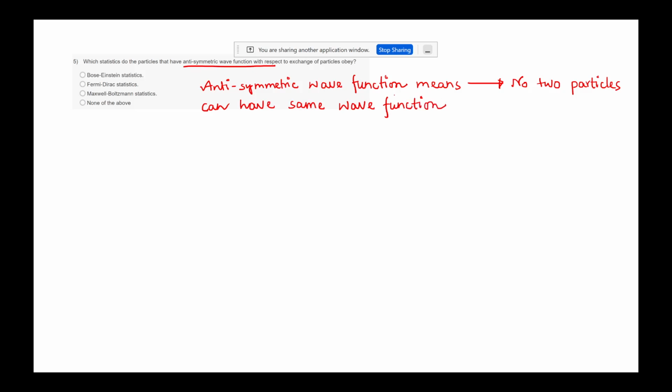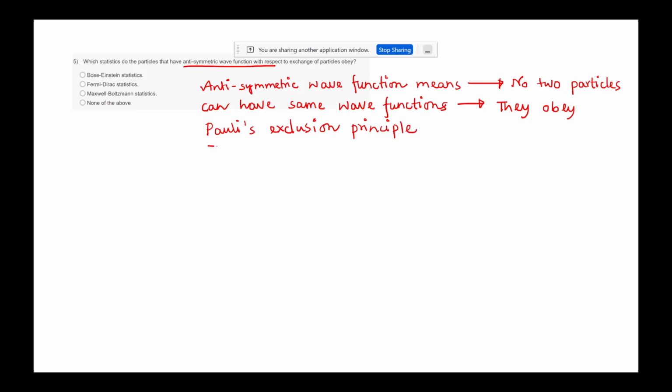No two particles can have the same wave function. That means they obey Pauli's exclusion principle, or exclusive principle, whatever you can call it.